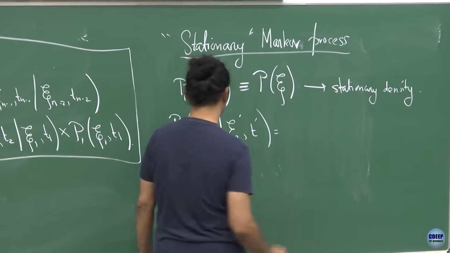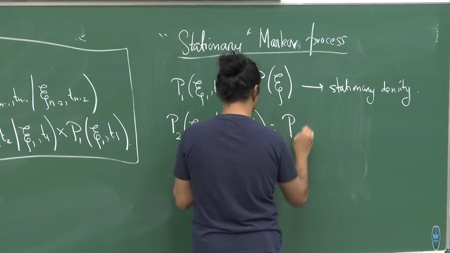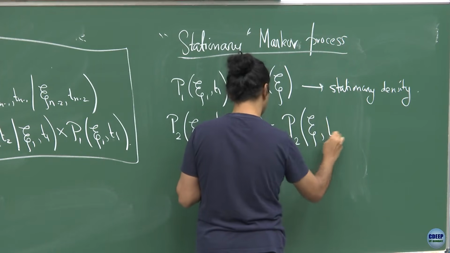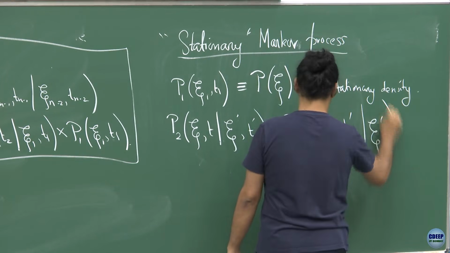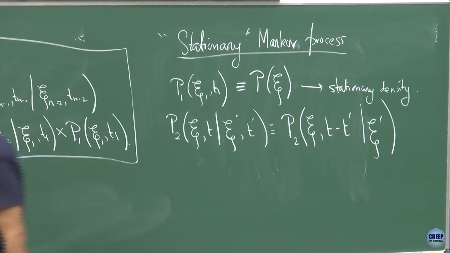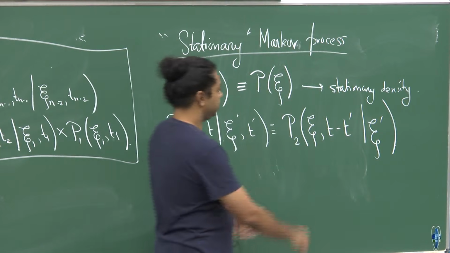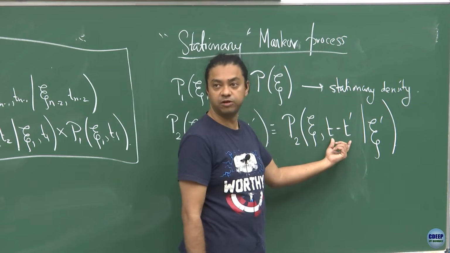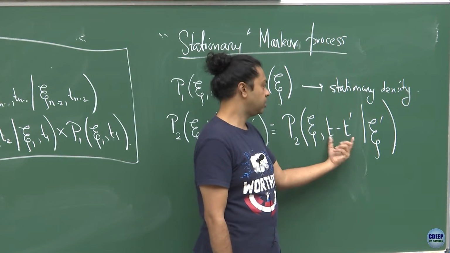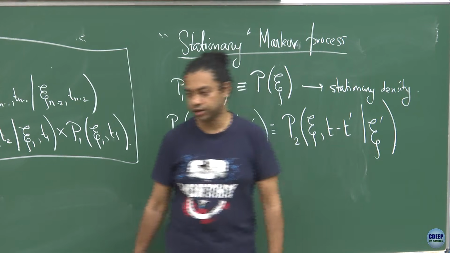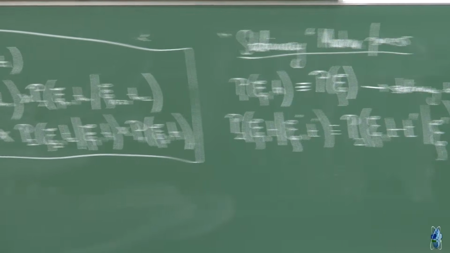You could do a global shift of time, which means that all that will matter if you have a stationary Markov process is that this is going to be a P2 of xi, t minus t prime, given that you were at xi prime at time 0. So, all that matters is how much time has elapsed. The specific value of t prime and the specific value of t does not matter. I can translate my time axis. All that matters is how much time has evolved from when you were at xi prime to the target state xi.